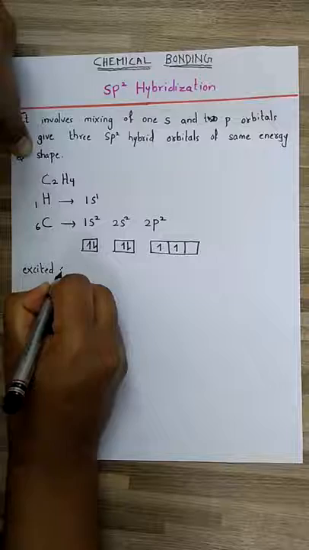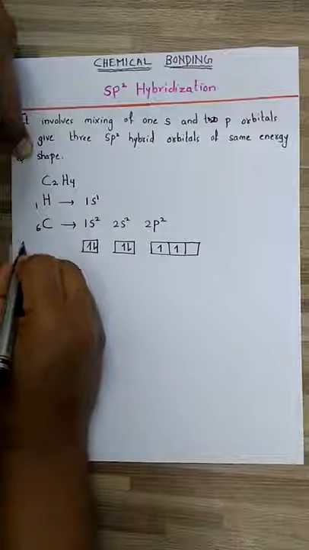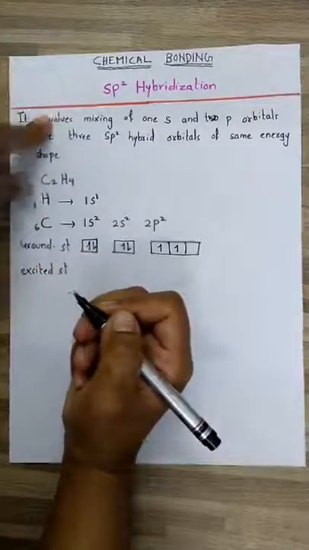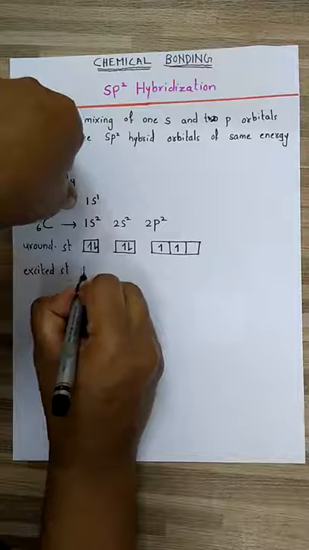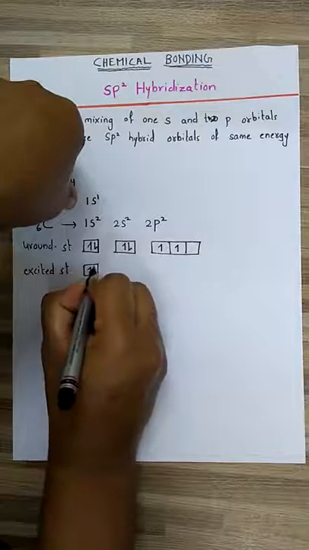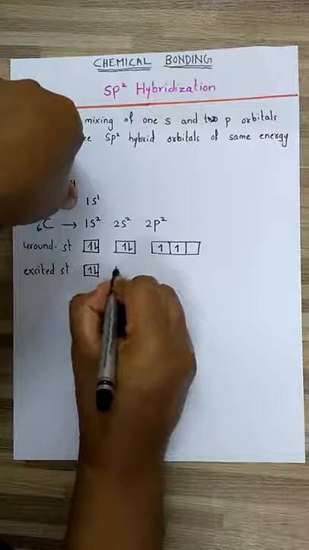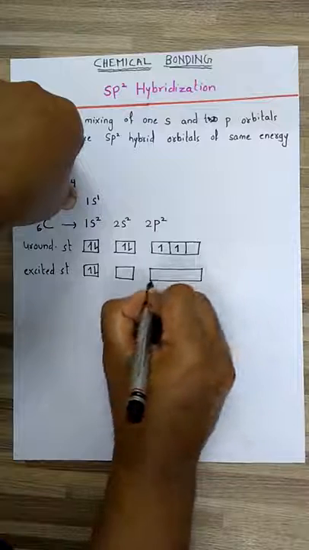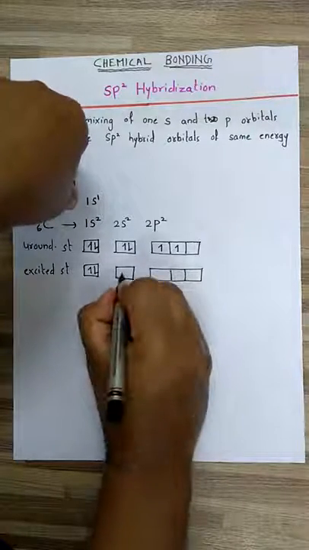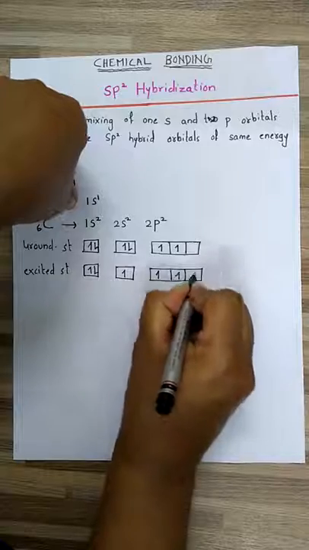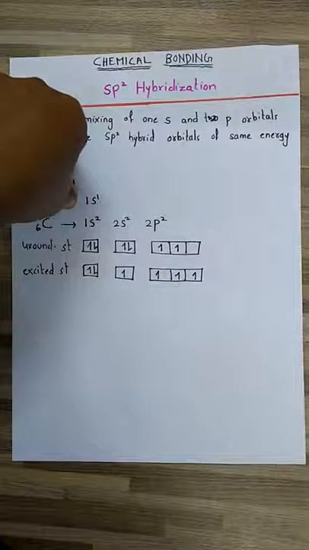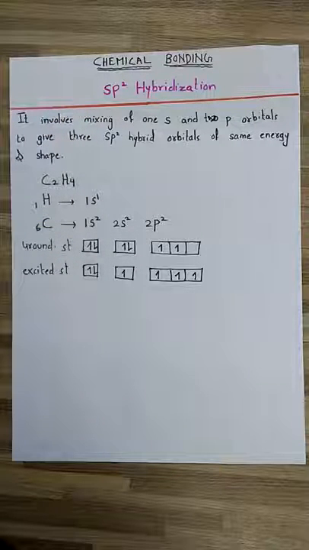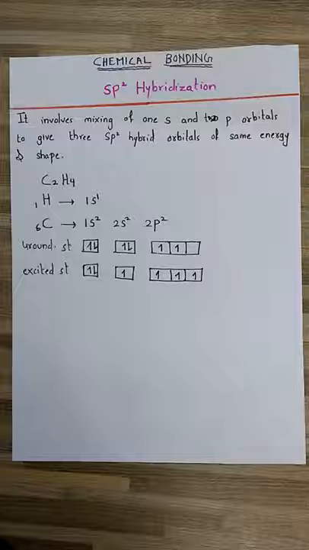In the excited state, the inner orbital remains as it is, and in the valence shell one of the electrons from the 2s orbital undergoes promotion, and in that way we will have 4 unpaired electrons. So this explains the tetravalency of carbon, why carbon has 4 unpaired electrons and how it can form 4 bonds.